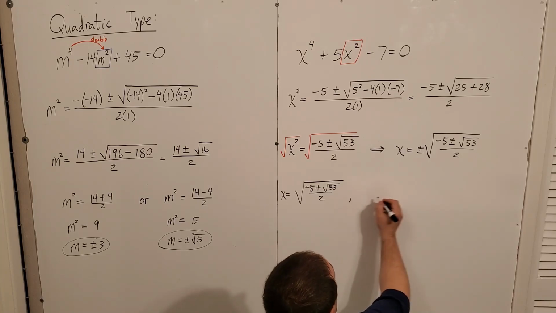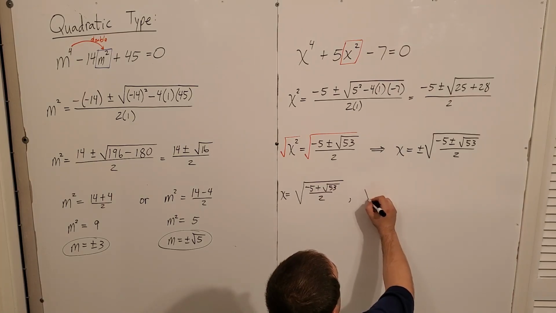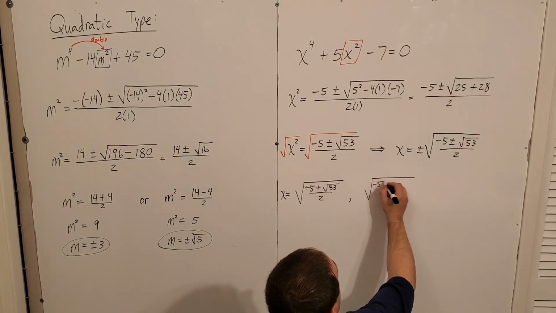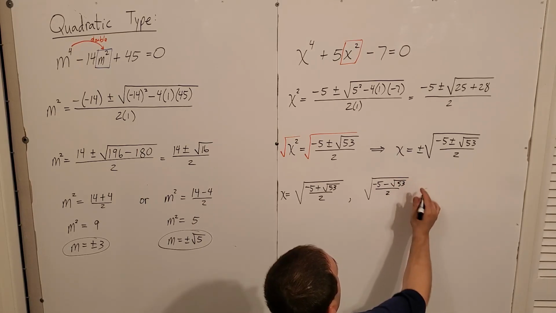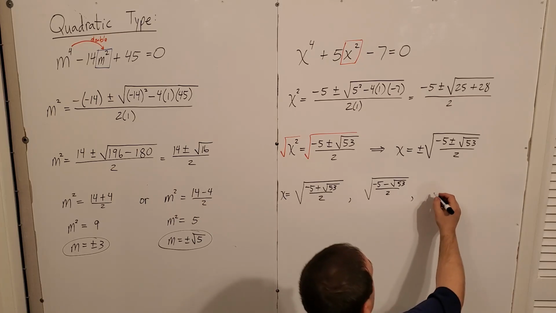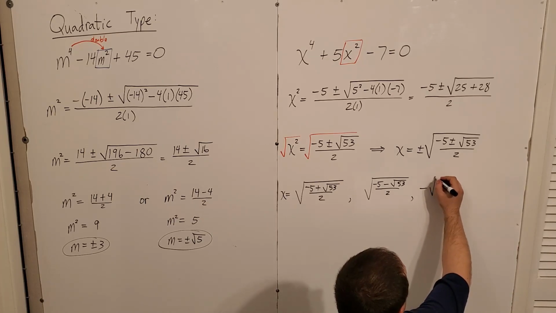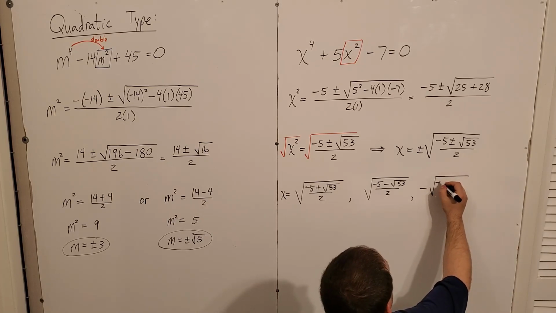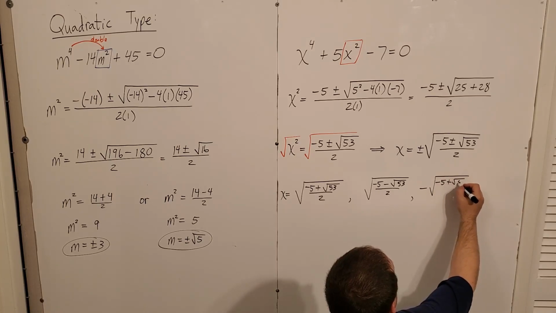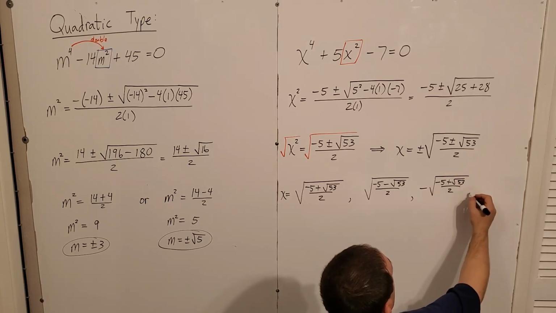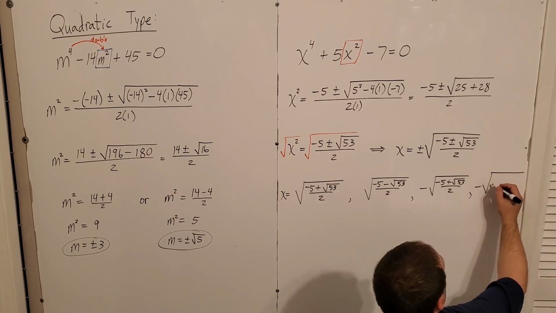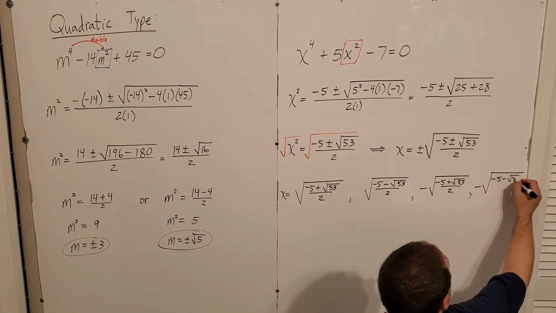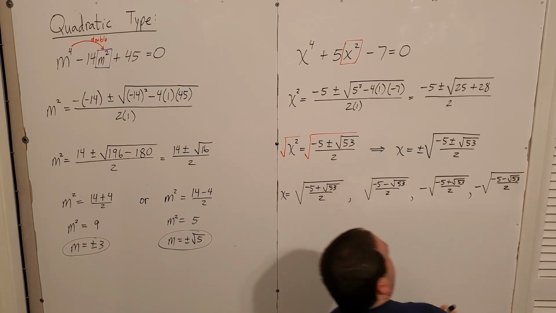Or it could also equal the square root of negative 5 minus the square root of 53 over 2. Or the negative square root of negative 5 plus square root of 53 over 2. And lastly, the negative square root of negative 5 minus the square root of 53 over 2.